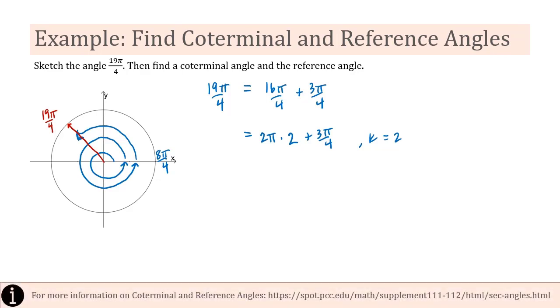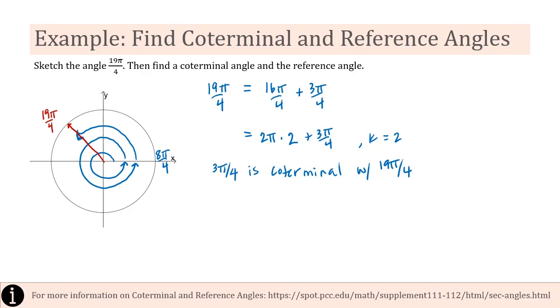Well, I think we could almost just look at this. What is a coterminal angle? If you've got your circle memorized, you can say that probably 3 pi over 4 is coterminal with 19 pi over 4.